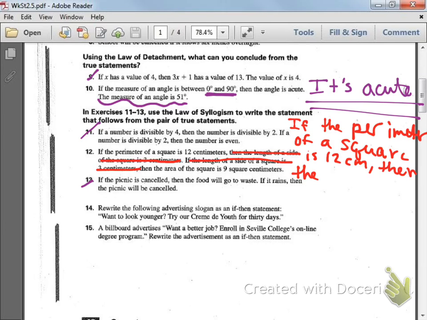Very good. Then the area of the square is 9 square centimeters. That's the symbol for square centimeters. Good. So again, the law of syllogism is just cutting out that middleman. If this, then this. If this, then that. You're cutting out the middle guy. So if the beginning, then jump all the way to the end. We don't need those middle steps.